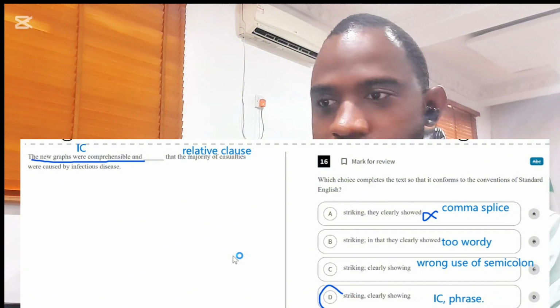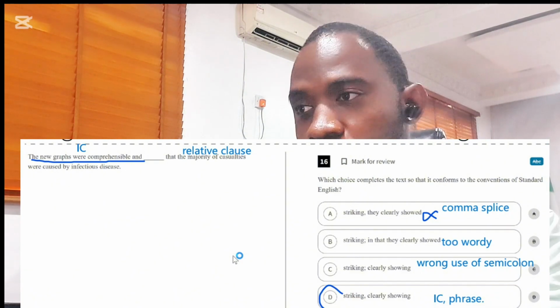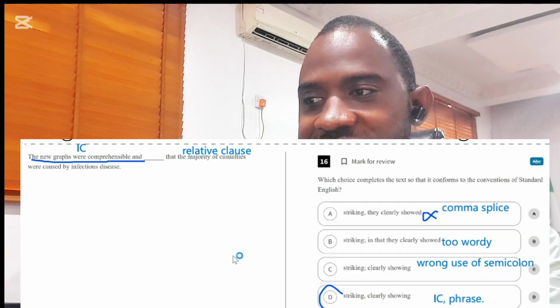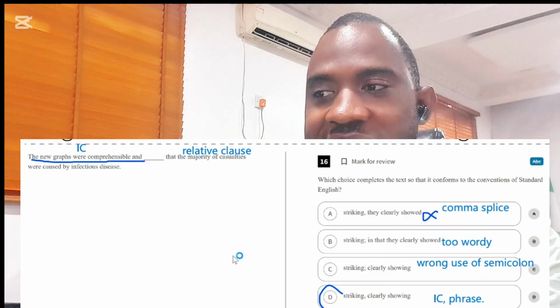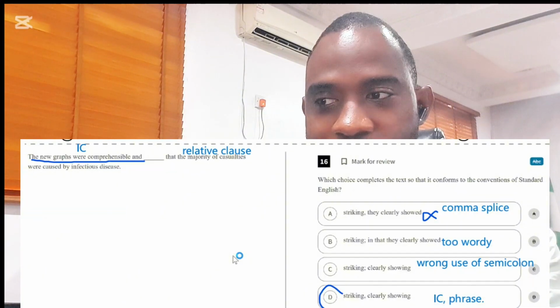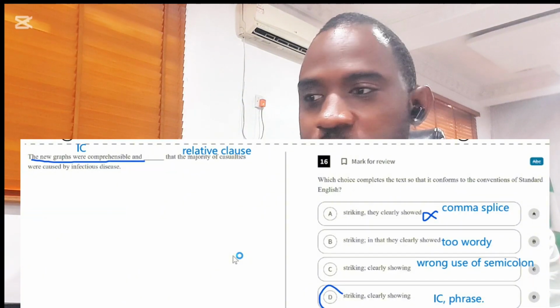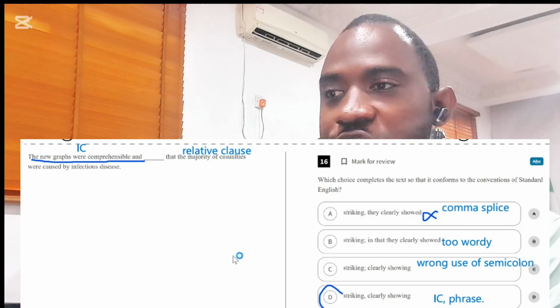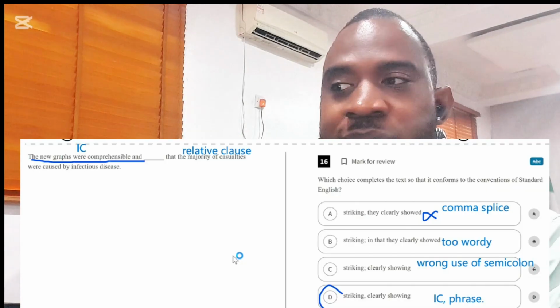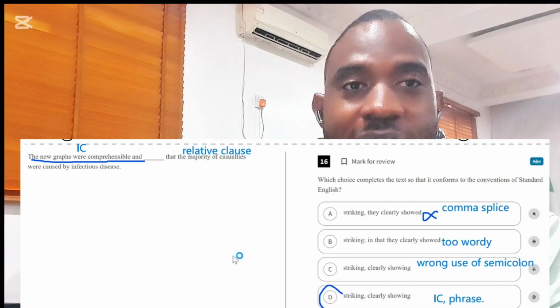And how do I know this? Because there is a rule that stipulates that you can have an IC, an independent clause, followed by a comma and then a phrase after the comma. So this phrase we have here, "clearly showing that the majority of casualties were caused by infectious disease," is a phrase followed by a relative clause.